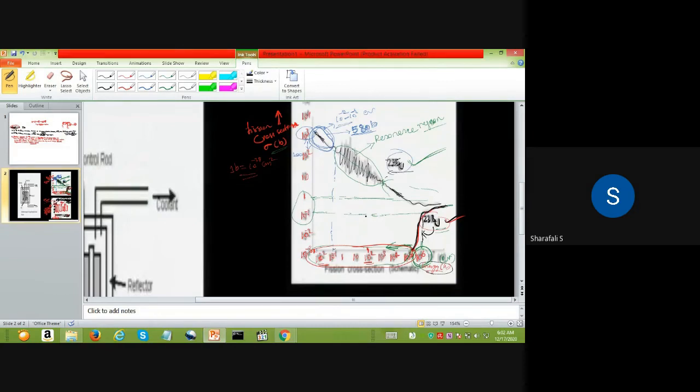So when you have the radiative capture process, the nucleus will get excited and it will just give you gamma rays. It will not undergo a fission reaction.